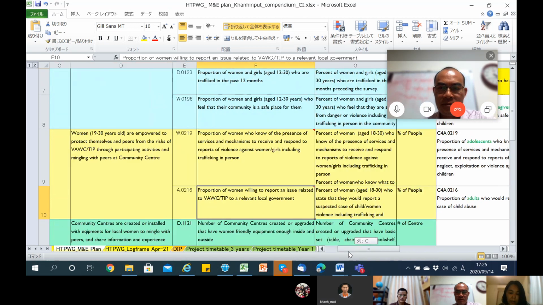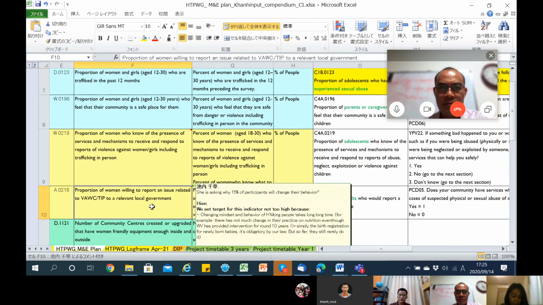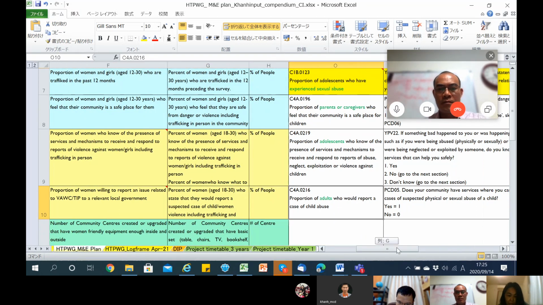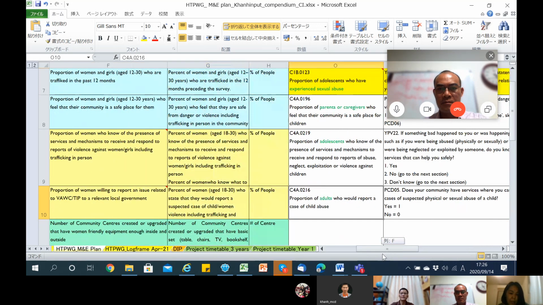Okay, so the next indicator is the proportion of women willing to report an issue related to violence against women and children and trafficking in persons to a relevant local government. This is also similar. We have a compendium indicator which is quite similar, but it's the proportion of adults who would report a case of child abuse. So we have to revise it a little bit.